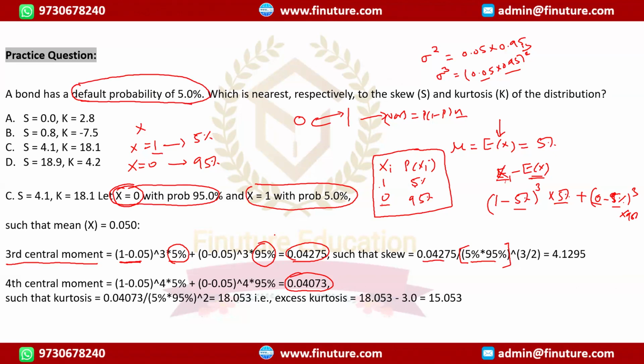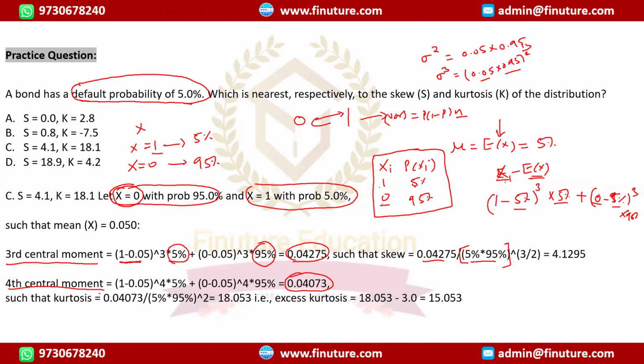Can I give you some homework? Yes, please. I'll definitely try this entirely for kurtosis. Take it as homework, but don't spend too much time. It's just to give you command of the formula. This type of numerical may or may not be asked, but you will understand skewness and kurtosis thoroughly.